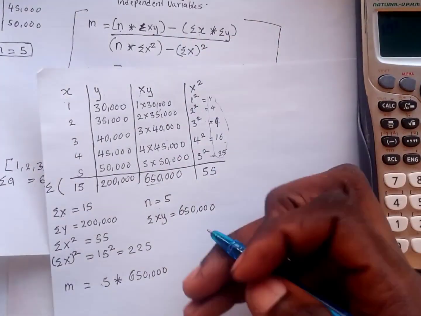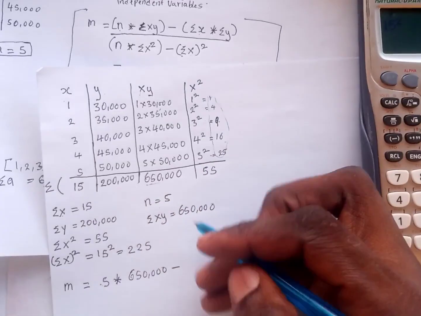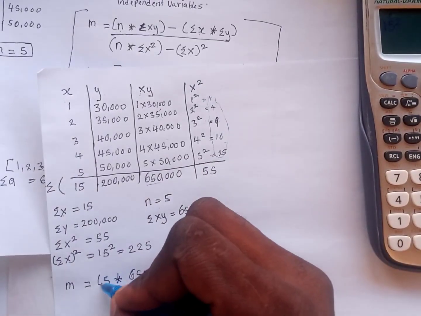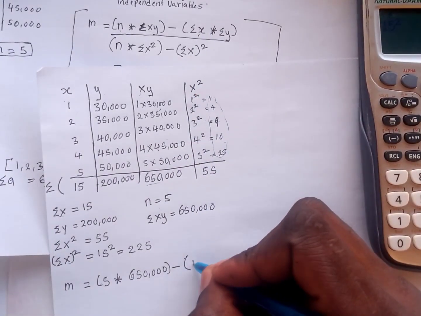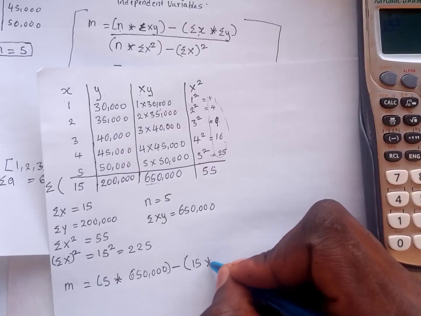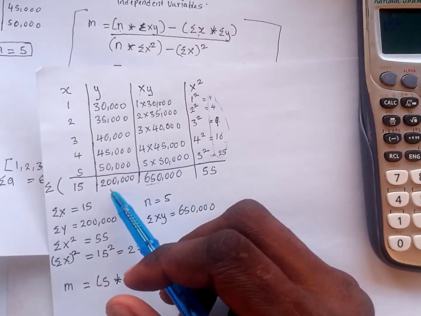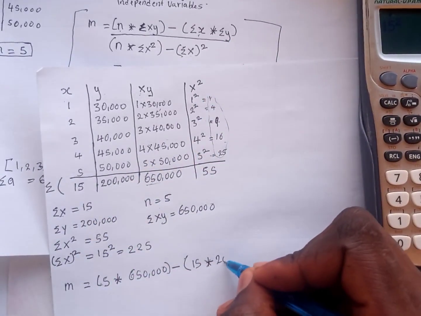Remember that we are following this formula. So minus, remember, let's put this in braces. This is the summation of x, which is 15, times the summation of y, which is 200,000.